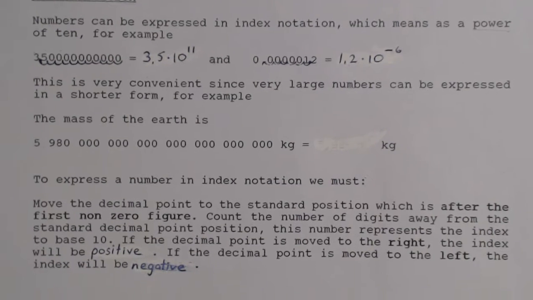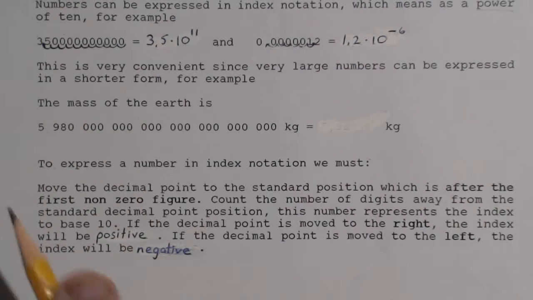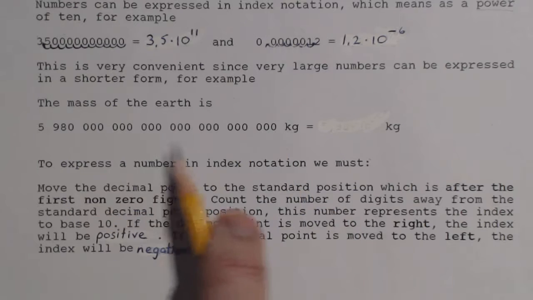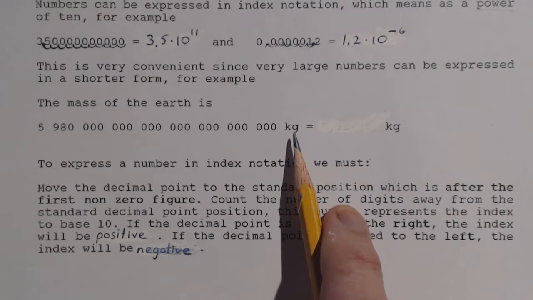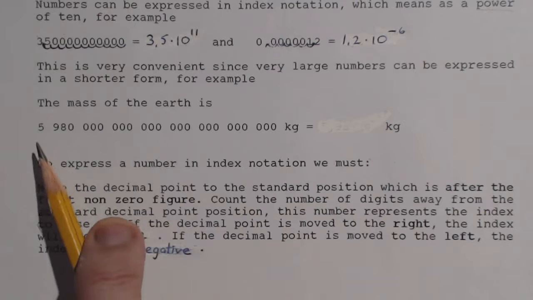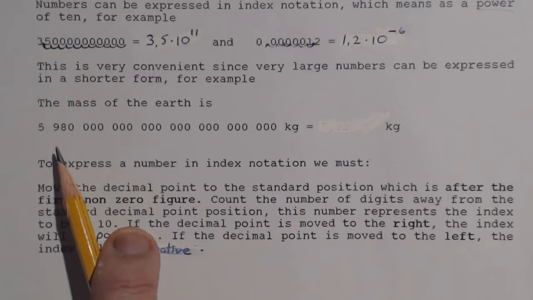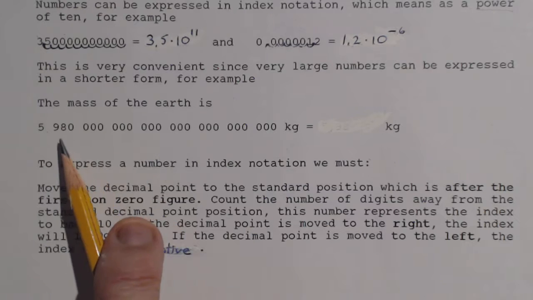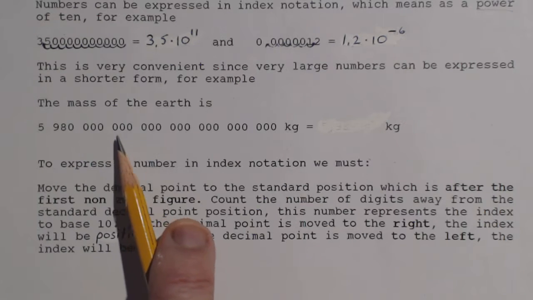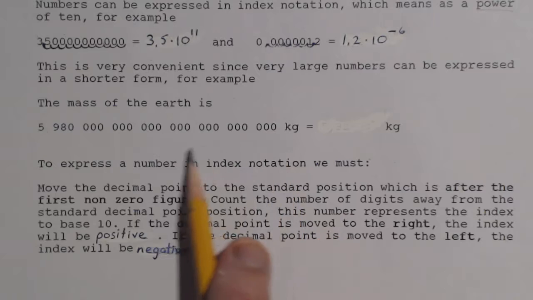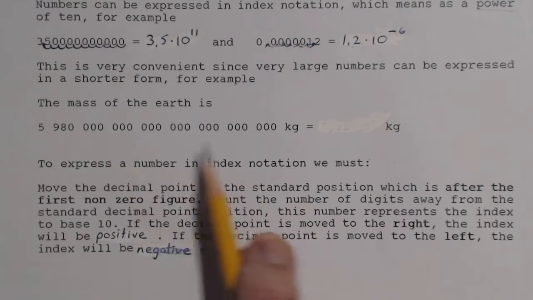We have the mass of the Earth, this very large number here, in kilograms. Often when we express a very large number, to make it easier to count, it's advisable to express the number with the digits in groups of 3. It makes it much easier to count.